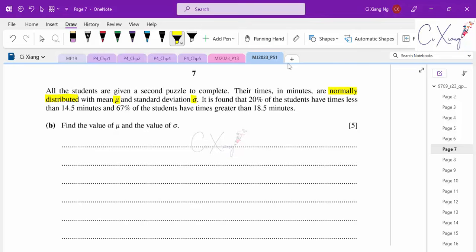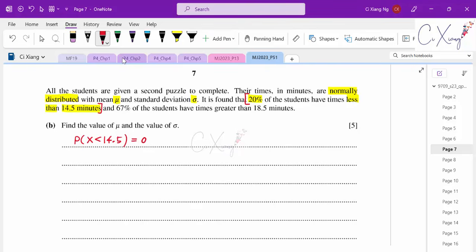Then they say it is found that 20% of the students have time less than 14.5 minutes. So for this particular sentence, 20% of the students have time less than 14.5 minutes. If I try to convert it into symbol form, it will be the probability of X smaller than 14.5, and it is 20%.